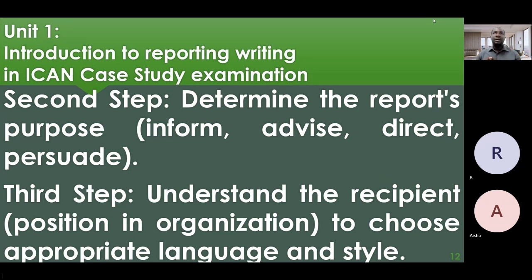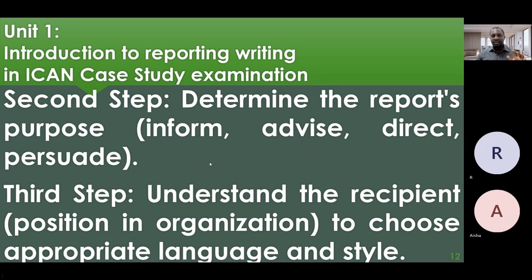For external reports, mostly the examiner will ask you to speak to the board. And you know the board is not one person, maybe 5, 6, 7, 10, 15 people. So your tone is different when you're speaking to the board. But if it's an internal report, you're speaking to one person, your boss directly, or whoever asks you to provide the advice, information, directive, or persuasion.